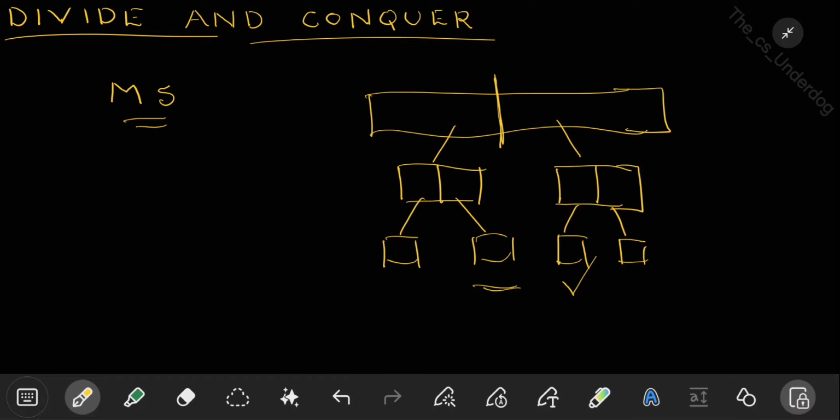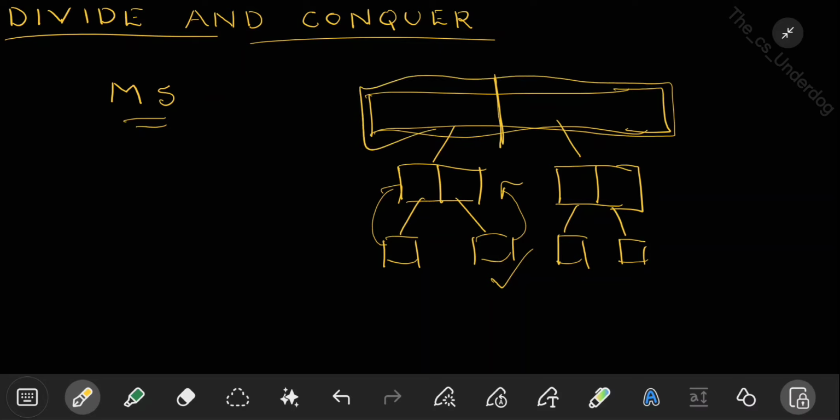How can you directly solve it? Because you were sorting the array. Whenever you have a single element, it is by default sorted, and hence you have conquered the problem here. So after conquering, you merged the solutions back so as to get the final sorted array. This is the merge sort algorithm.